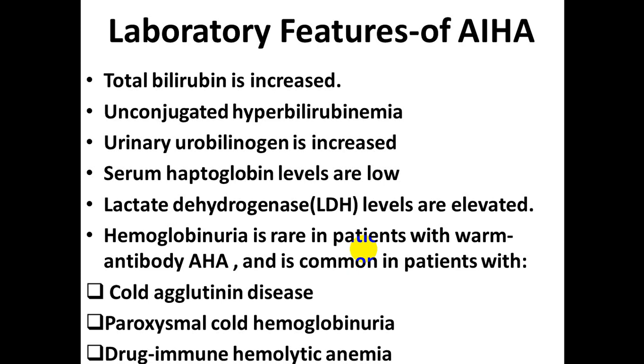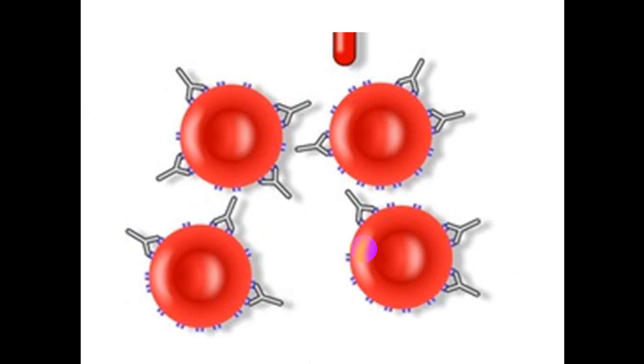Lactate dehydrogenase levels are elevated. Hemoglobinuria is rare in patients with warm antibody autoimmune hemolytic anemia and is common in patients with cold agglutinin disease, paroxysmal cold hemoglobinuria, and drug-induced hemolytic anemia.